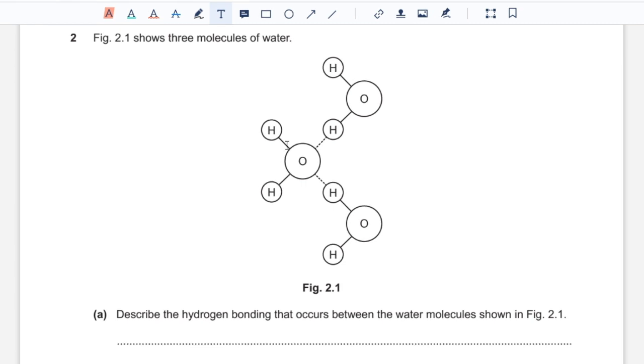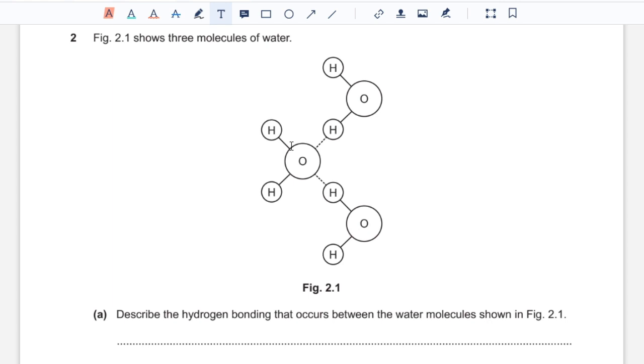Alright, water molecules are dipolar, meaning that electron distribution in a single water molecule is not equal. That happens because oxygen is a more electronegative element than hydrogen, so it attracts the electron bond pair in the covalent bond towards itself more than hydrogen does, and as a result oxygen gains a slight negative charge and hydrogen gains a slight positive charge.